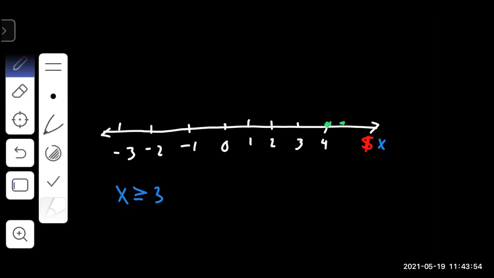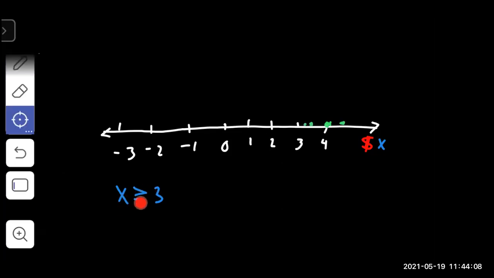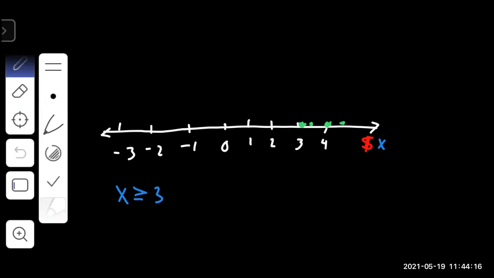Yes. Can you take 3.5 here? Yes. Can you take $3.01, 3 dollars and 1 penny? Yes. Can you take $3? This little line, greater than or equal, is telling you that you can take $3.